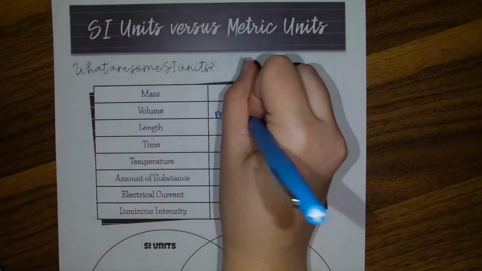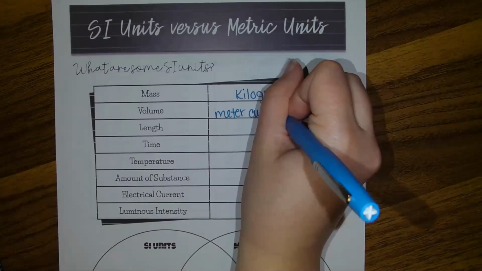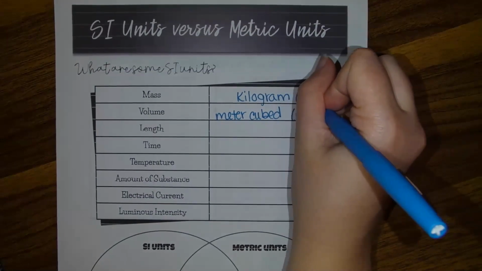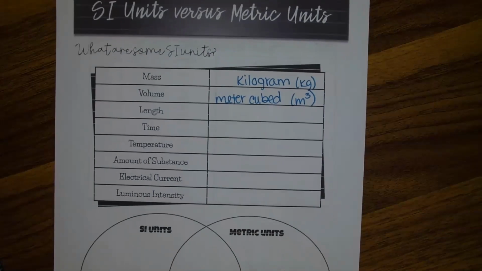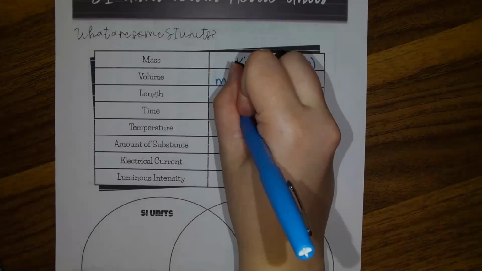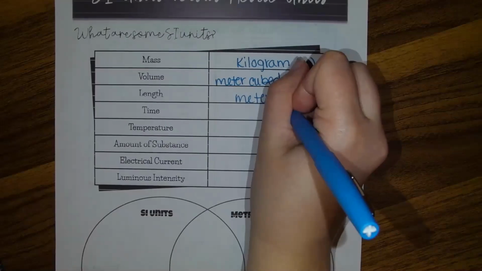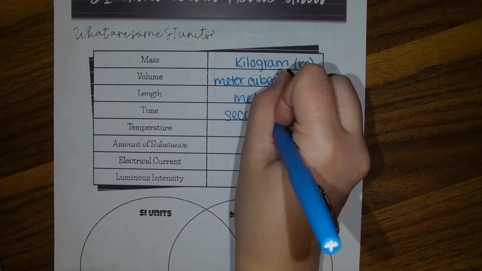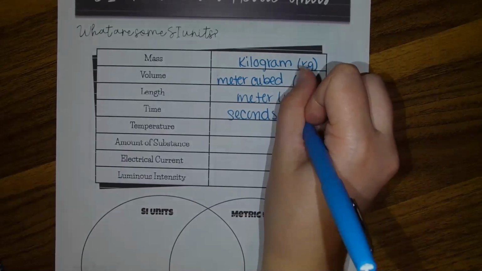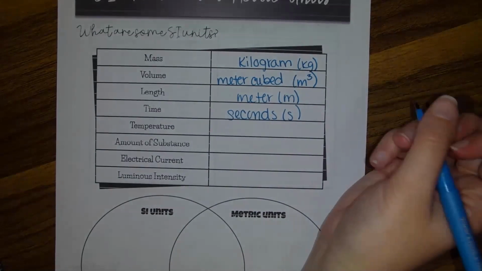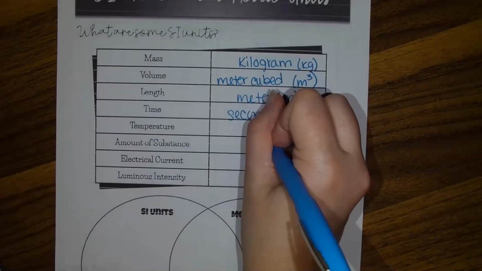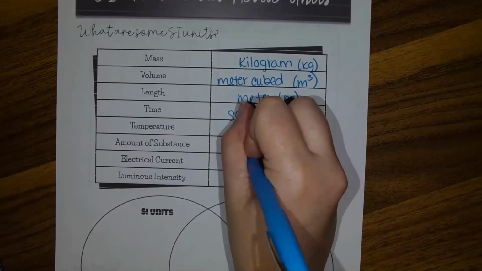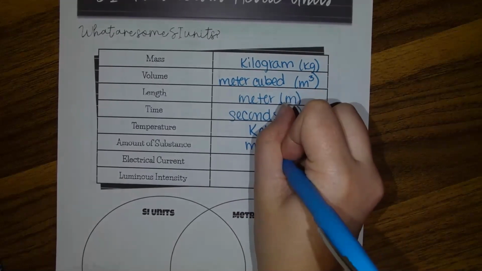We'll use meters cubed or cubic meters for volume. Length will be the same with a meter, and time will be the same because time is the same for everything, at seconds. Temperature will be the same with Kelvin. Our moles will be the same.